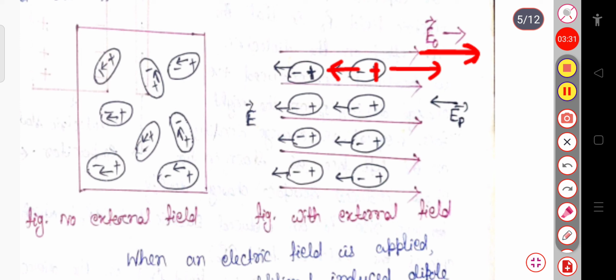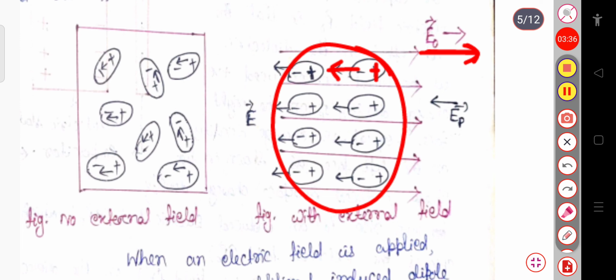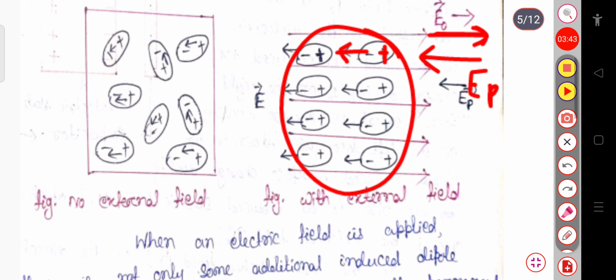So for all these molecules, the net electric field is opposite to the field applied. Here the resultant electric field will be equal to E0 minus EP.